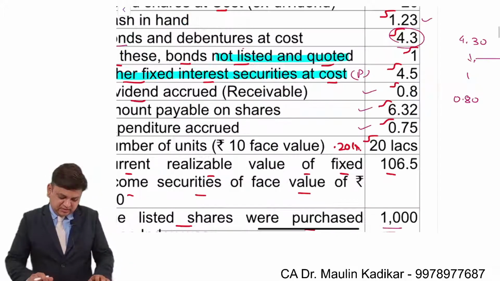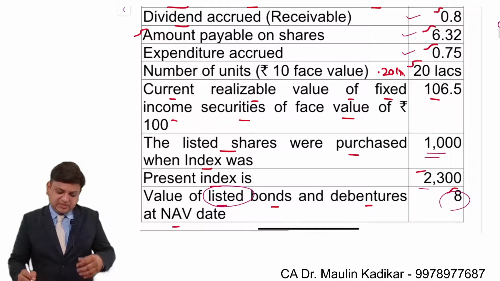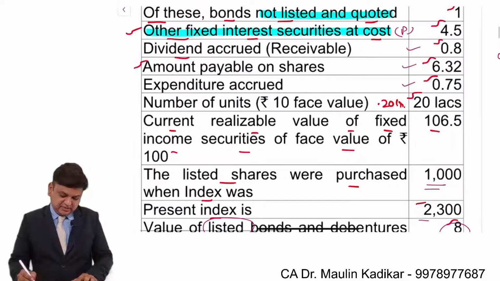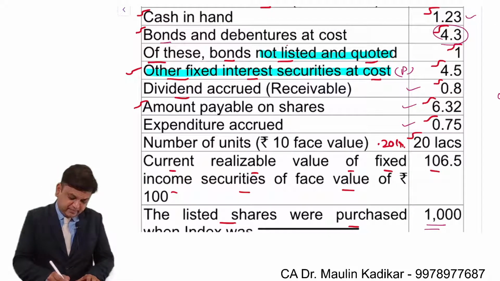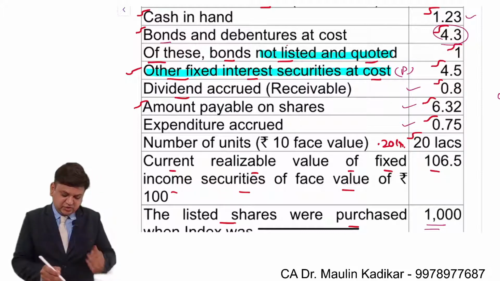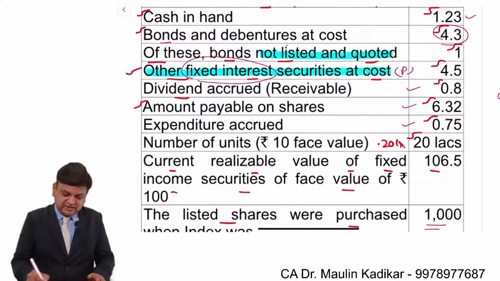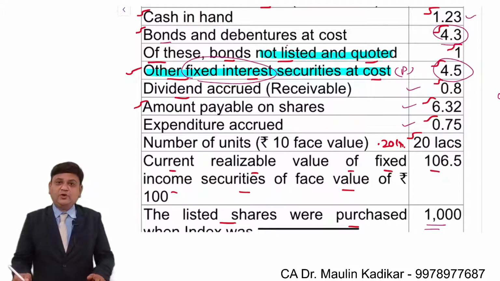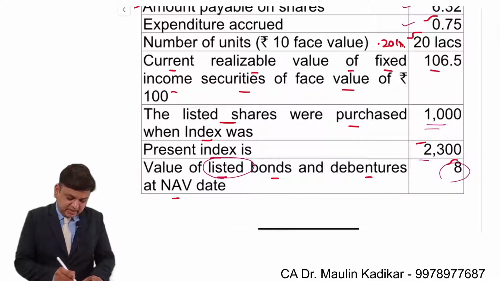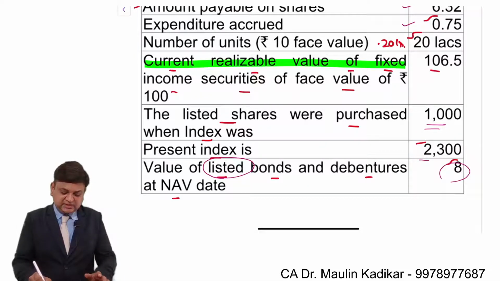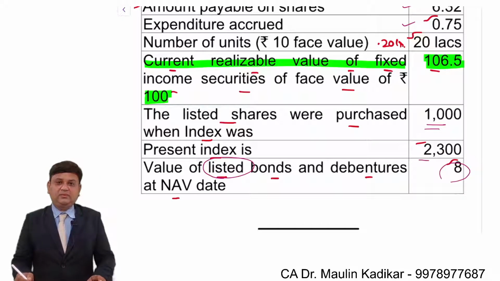Now friends, over here we can see that the question is providing the information that we made a purchase of other fixed interest securities at the rate of 4.5 crore. The current realizable value of the same is 106.5. Face value was 100 and the market price 106.5.